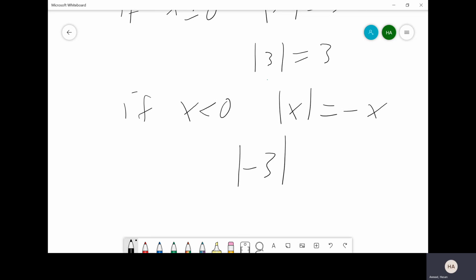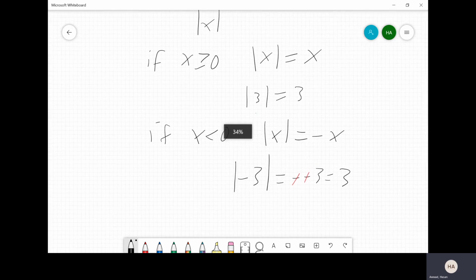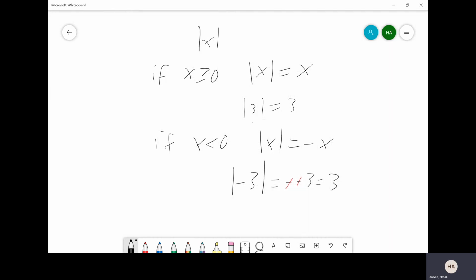Well, it's going to flip the sign. It's going to be -(-3). And what do we know about two negatives? Well, they cancel each other out, and we are just left with 3 again. So the easier way to consider this is if you have a positive number or 0, it's going to remain positive or 0. If you have a negative number, it's going to make it positive. And that's all an absolute value does.